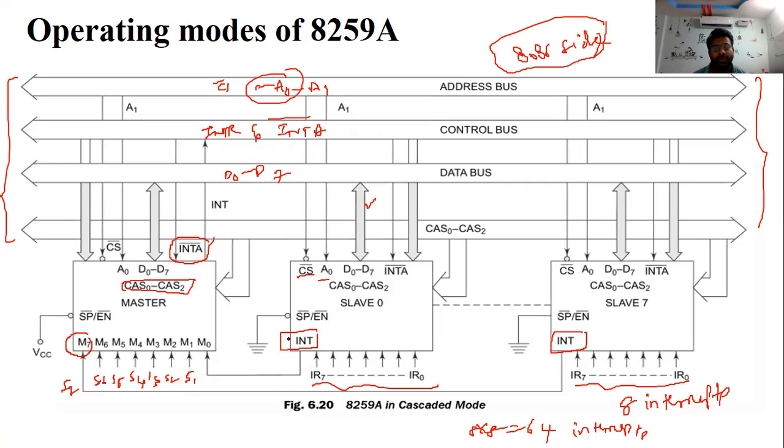Whenever out of these eight slave devices, suppose slave device 7 is giving an interrupt request out of IR0 to IR7. Whenever a device is connected to IR0, that is the most preferable device compared to IR7.